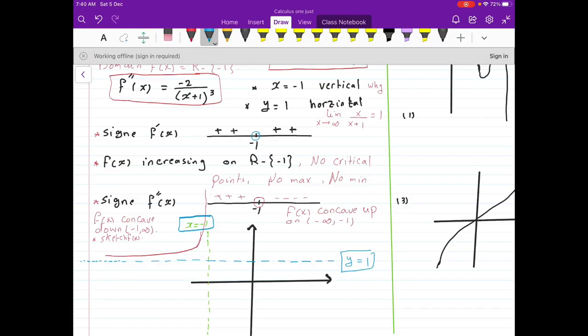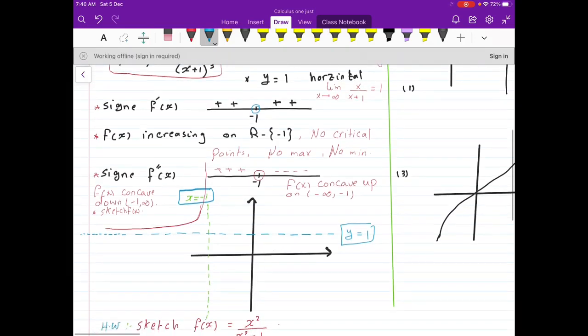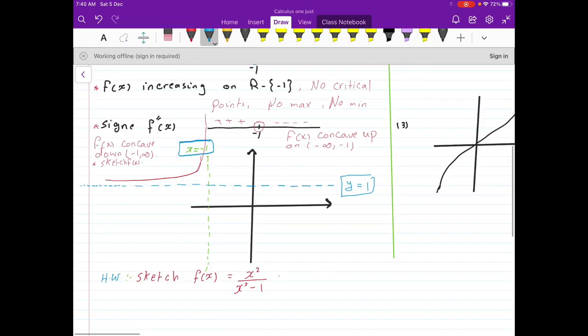And when x is greater than minus 1, what is the behavior for the function? It will be increasing and concave down. And the function intersects the x-axis at the point (0, 0). So the function will pass through this point.